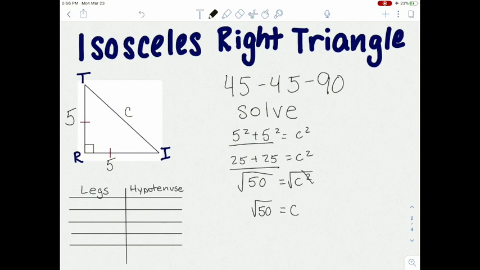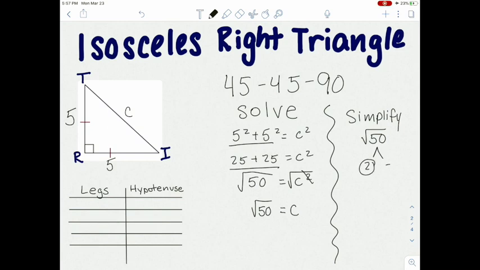Is this done though? No, because we need to simplify. Okay, so if we have the square root of 50, I can break that down in a couple different ways, 5 and 10, 2 and 25, and I like 2 and 25 because 25 is what type of number? 25 is a perfect square, which means 25 gets broken down into a pair right away.